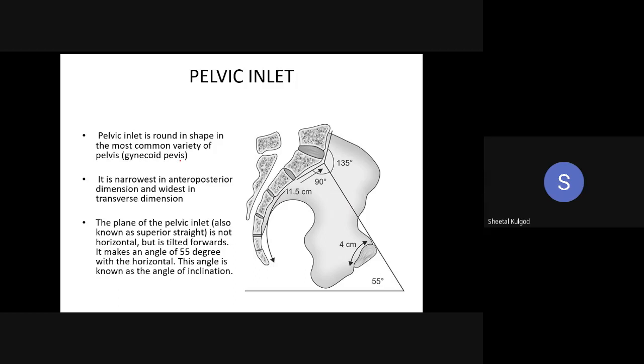When you study the pelvic inlet of the gynecoid pelvis, it is mostly round in shape, narrow in the anterior posterior dimension, and widest in the transverse dimension. That means the inlet is somewhat oval shaped, narrow anterior posteriorly and wide transversely, so it is transversely oval. That is the shape of the inlet in the gynecoid pelvis.